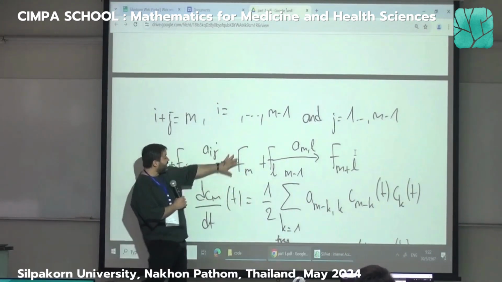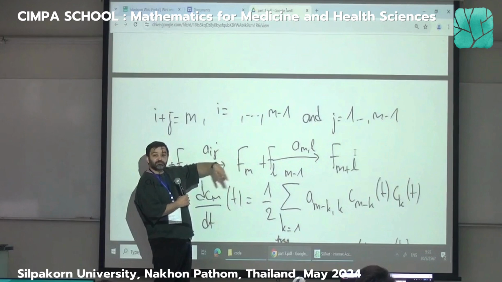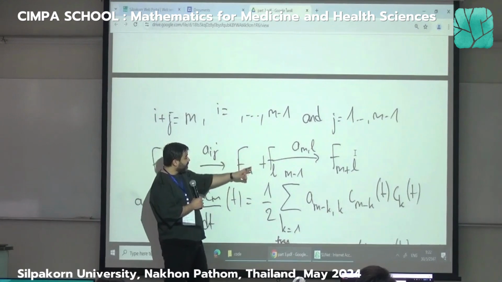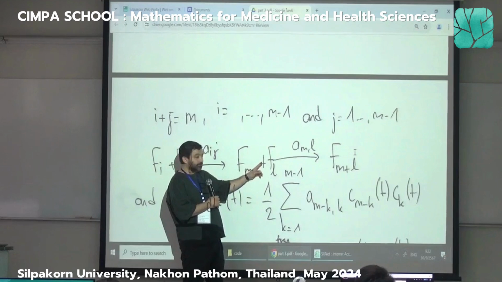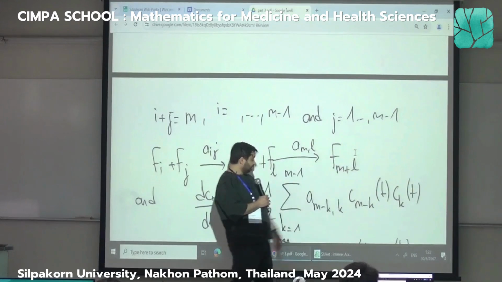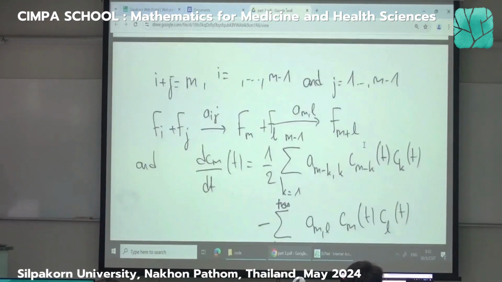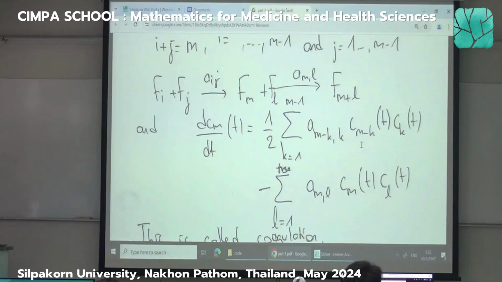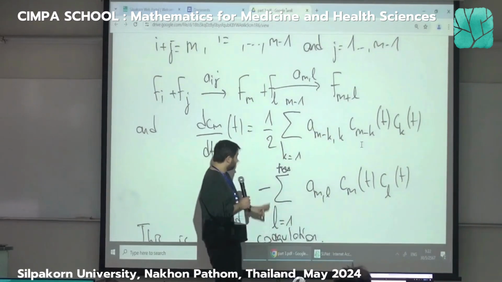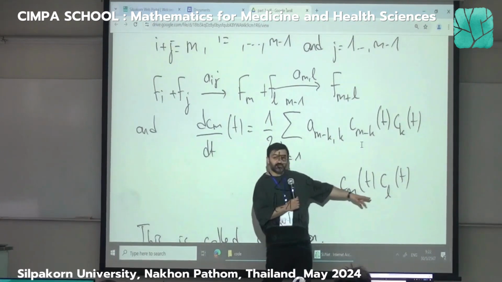Now I have my particle of size M, but this particle can also aggregate with the other particles, all the particles in the system. So it will need another particle of size K. I need to add this in my equation, so I will add a minus, because now we are no longer of size M: minus the particle of size M that aggregates with another particle.